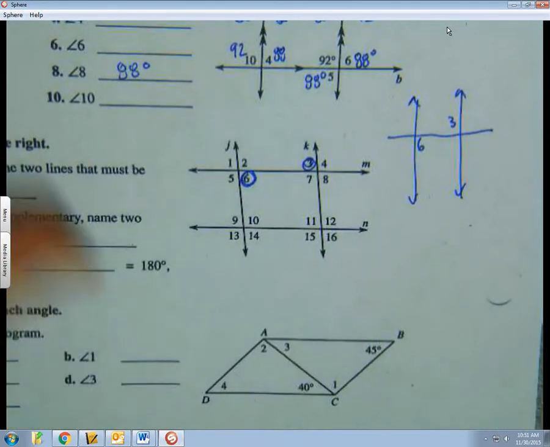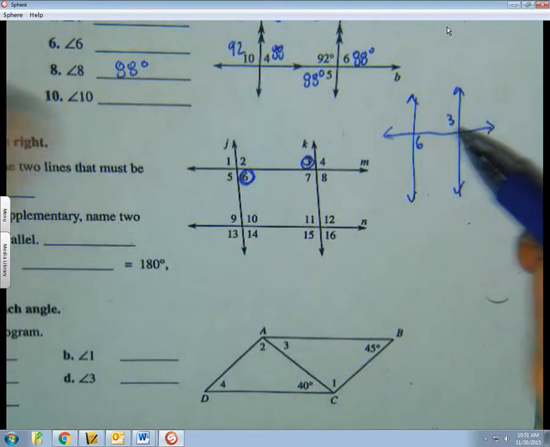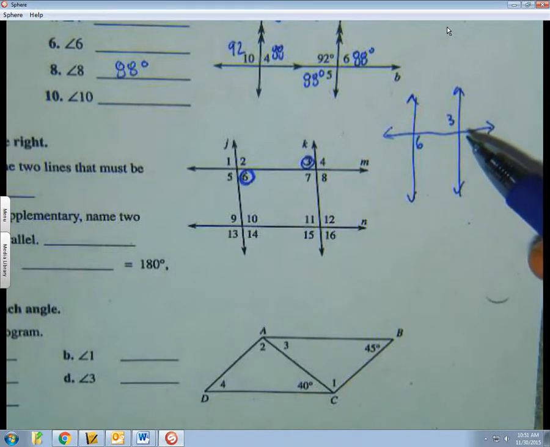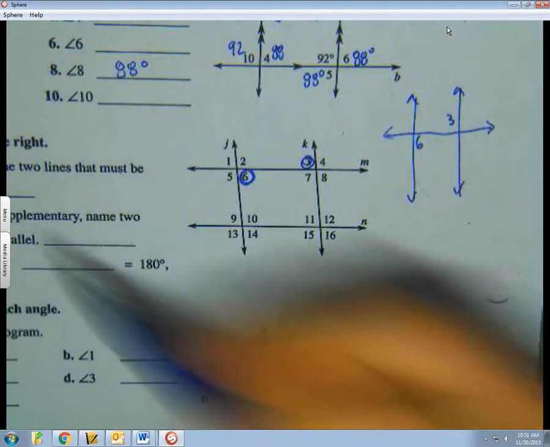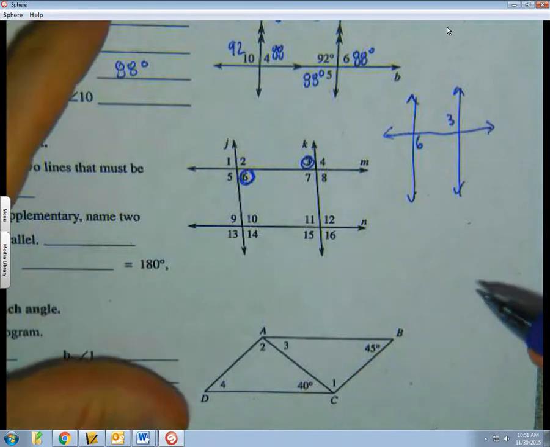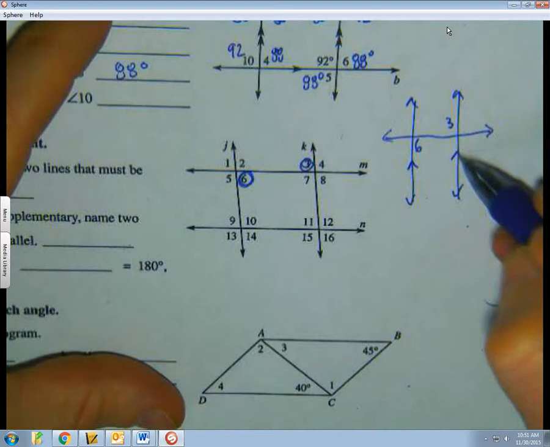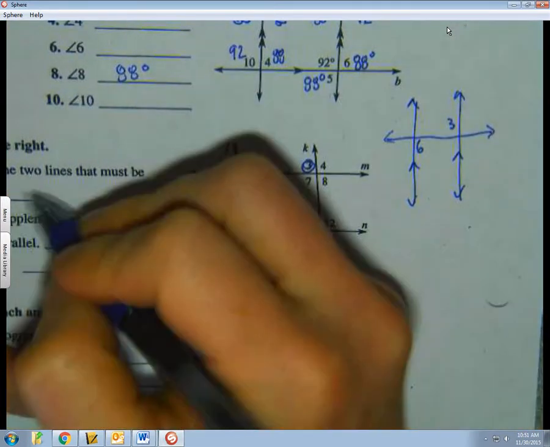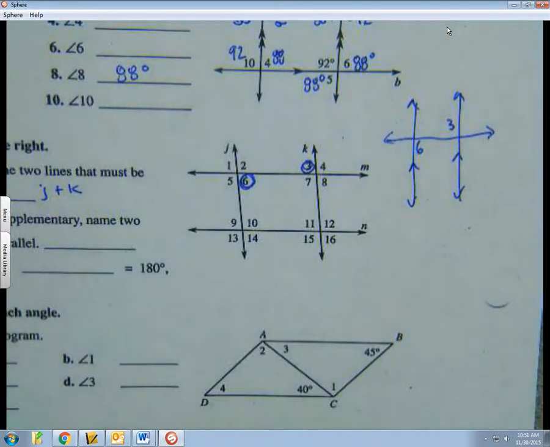Pull away all the excess. 3 and 6 look like the same thing. They have to be the same thing, given our problem. Two lines that have to be parallel then, because those would be alternate interior, would be J and K. Okay, so that's a quick model on that.